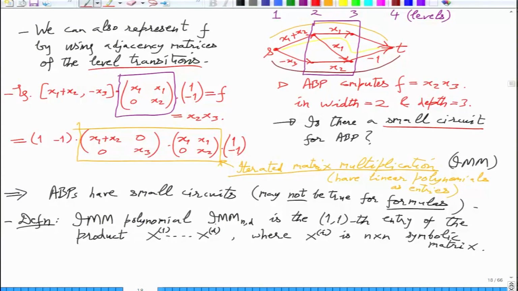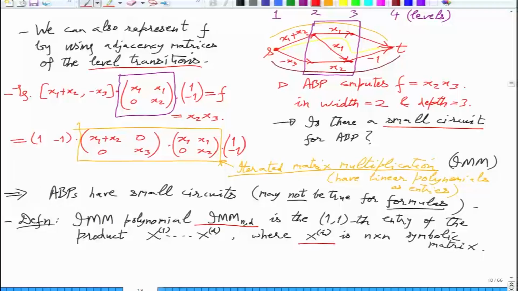Okay, so we have defined the polynomial IMM n comma d, and it is just a product of d n cross n totally symbolic matrices, which means that every entry is a distinct variable, a fresh variable.